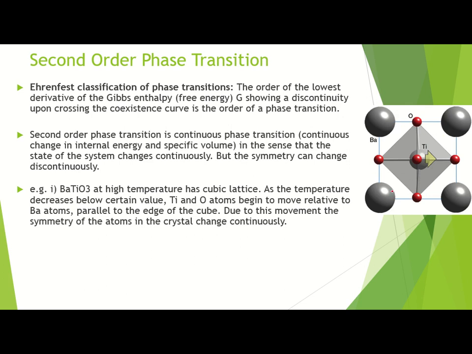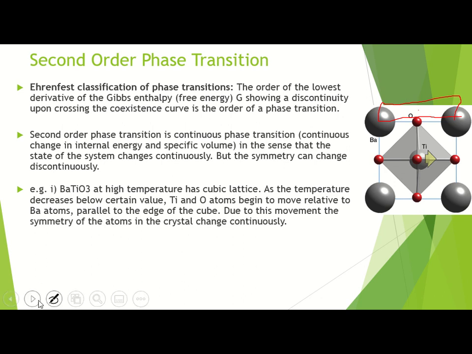So this is a cubic lattice, BaTiO3, and this is a front view of that unit cell. You have the corners as barium, and although the oxygen appears to be in the middle of two bariums at the edge, it is actually at the center of this particular face.